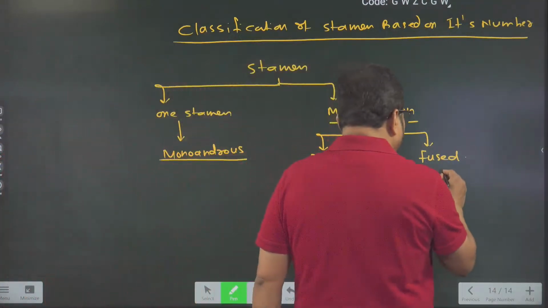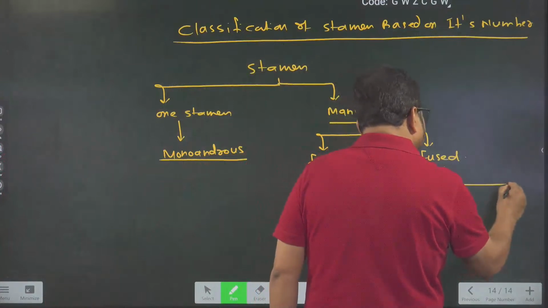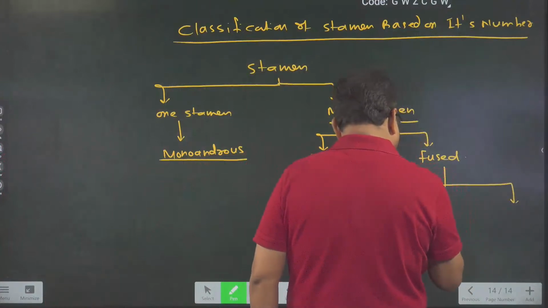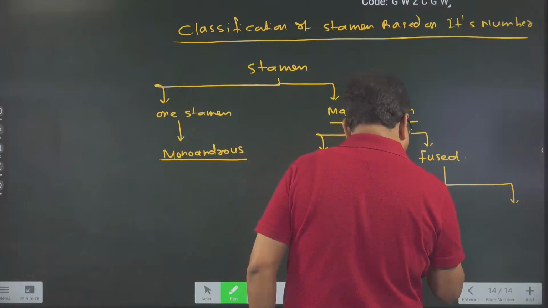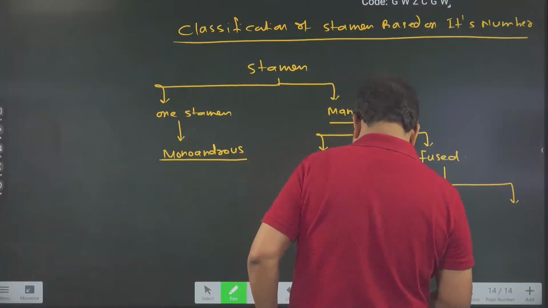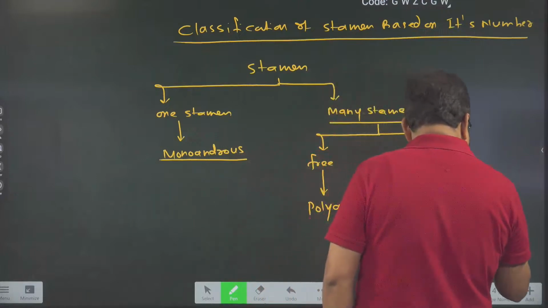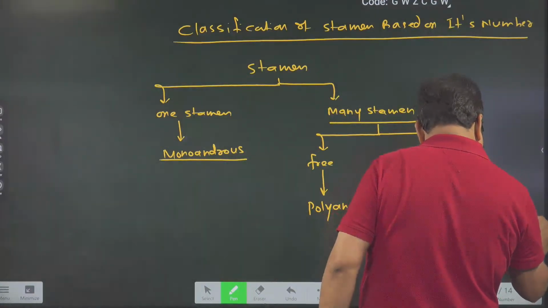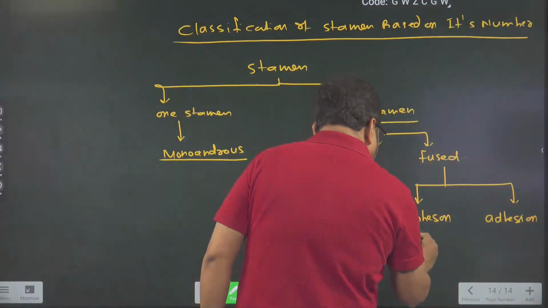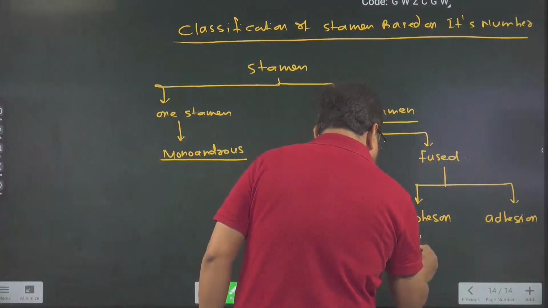Now, if it is fused, there are two possible fusions. One is called cohesion. Another is called adhesion. What happens in cohesion? Stamen fuse with stamen.